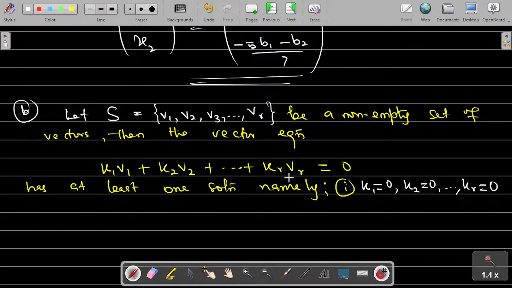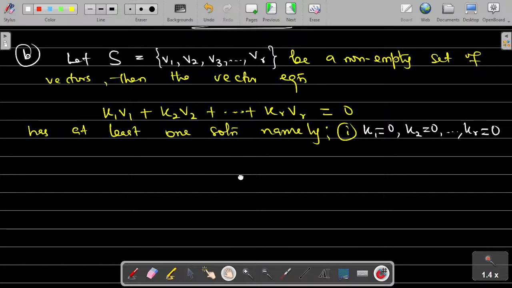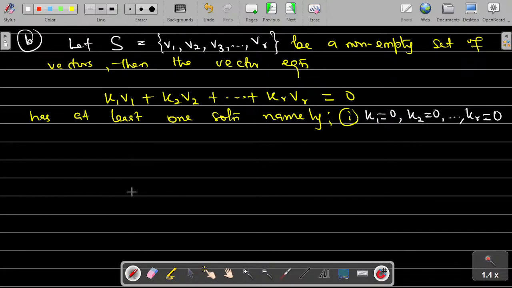So this statement is reminding you that a homogeneous equation will always have a solution. The only thing is that at least, it can have the 0 solution, which we call the trivial solution. And if that is the only solution it has, that's when we say the vectors there are linearly independent. But if it has other solutions, then you say the vectors are linearly dependent.